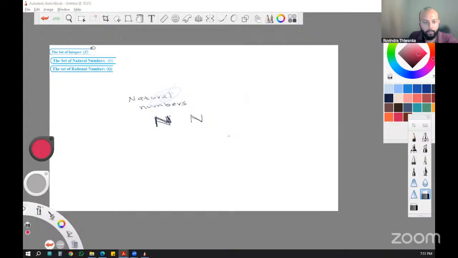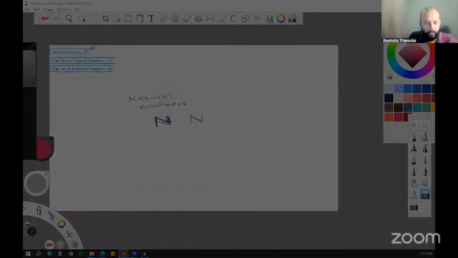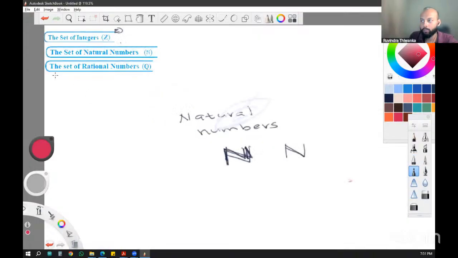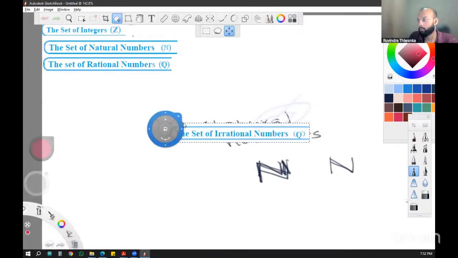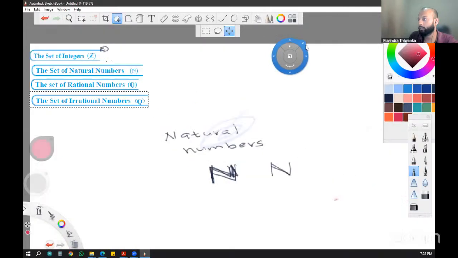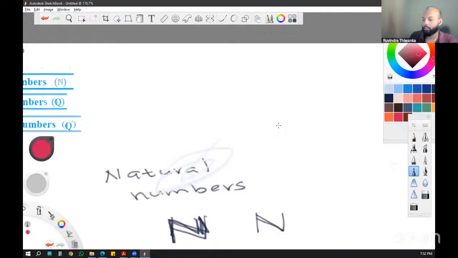This is the symbol for irrational numbers, which is a Q complement. You have heard about complement, it's like Q without, like that.